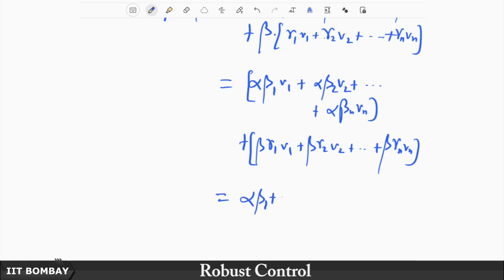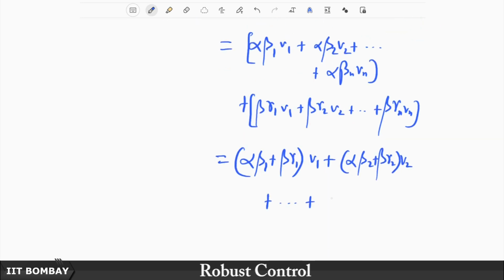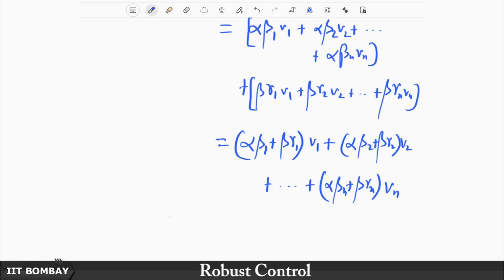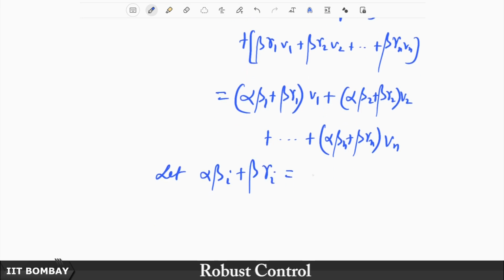We have alpha beta 1 plus beta gamma 1 times V1, plus alpha beta 2 plus beta gamma 2 times V2, plus so on and so forth till alpha beta n plus beta gamma n times Vn. Now let alpha beta i plus beta gamma i be equal to, for want of a better term, let me not use delta, because in this course delta has some other significance later on.